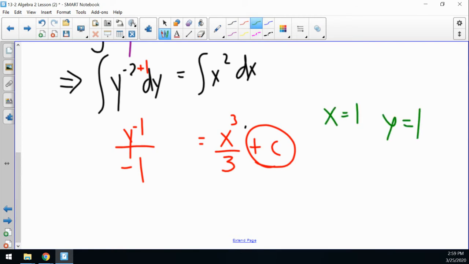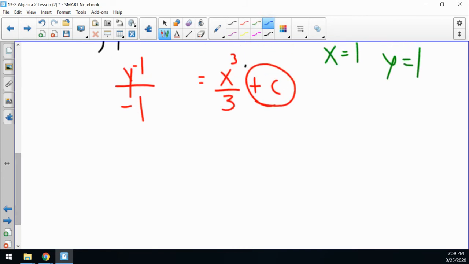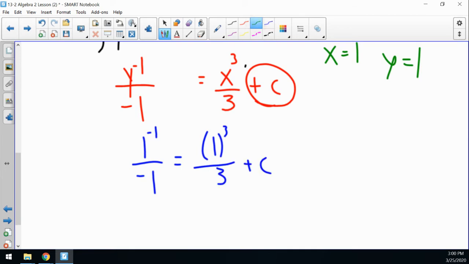So we plug those numbers in specifically, and this is going to be 1 to the negative 1 power over negative 1 is equal to 1 to the third power over 3 plus c. And so then you end up finding out that this is just going to be negative 1, obviously, and this is going to be 1/3 plus c.